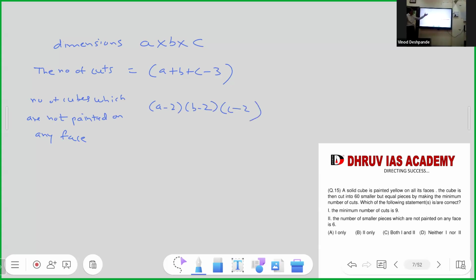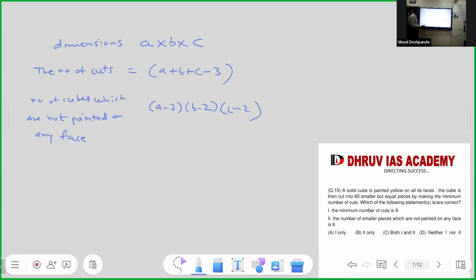Okay, dimensions A, B, C. If you want to cut into smaller pieces of unit length, then A plus B plus C minus 3 will be the number of cuts. And the number of cubes which are not painted on any face will be (A minus 2)(B minus 2)(C minus 2). Now see, 60 is the volume of the cube and you want to cut it into smaller pieces.